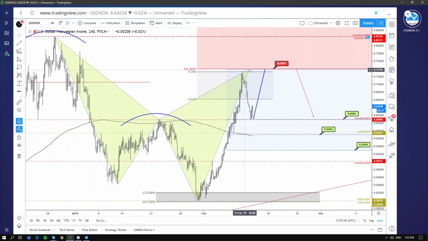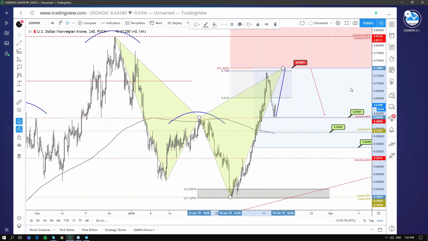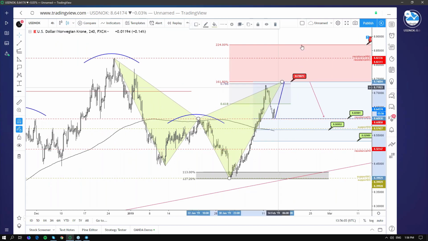Sometimes we expect and the market will not print those expectations, but I was expecting the formation of the shark at the 1618 extension, still a valid pattern. For those familiar with these patterns, it can also be formed at the 224 extension, and for that to happen it needs to violate all this weekly and monthly resistance above 8.82.